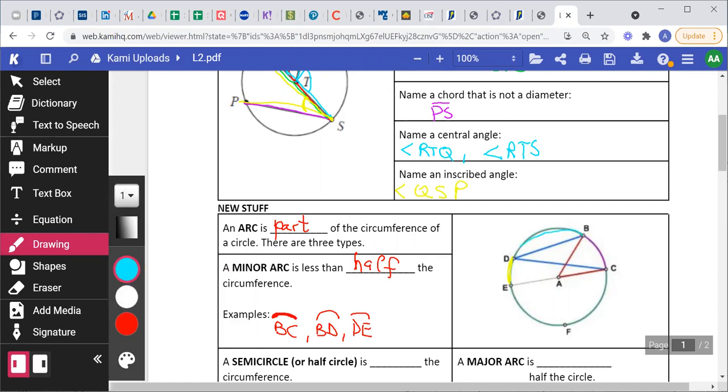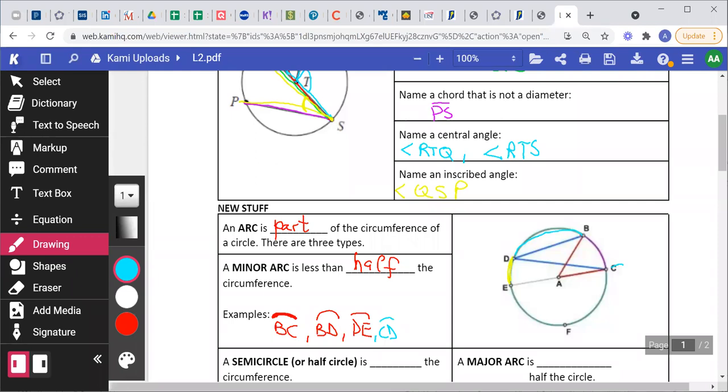This BD is not half of the circle, so it's a minor arc. And we also have EB. We have many of them. We also have CB, and CD is also a minor arc, because if you move from C to D, it's not half.